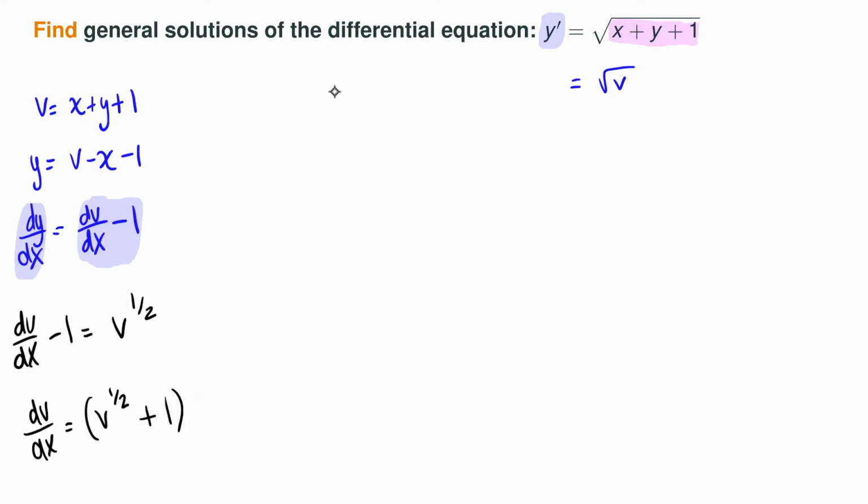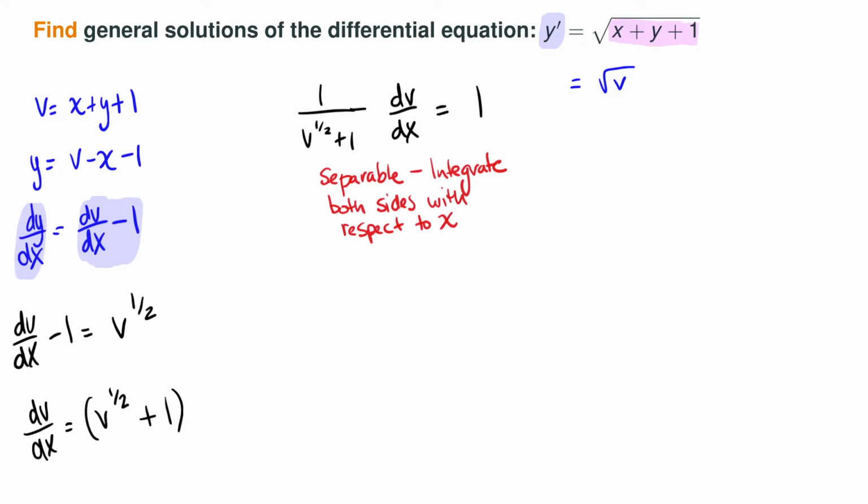So we have 1 over v to the 1/2 plus 1 dv dx. All that would leave is 1 on the other side. And we can integrate both sides with respect to x. Now in order to integrate the left side, we'll need another substitution.